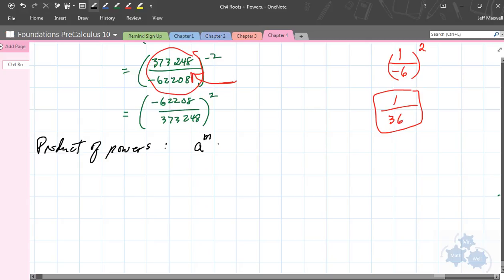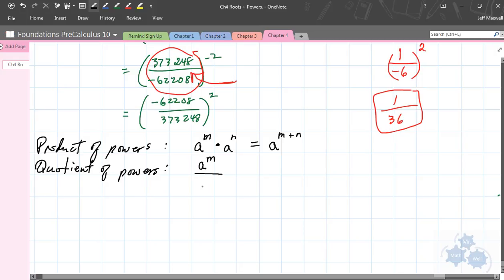If you have a product, that's multiplication, and you have like bases, then the rule here is that you simply add the exponents up. That's the product of powers. The quotient of powers would look like this.